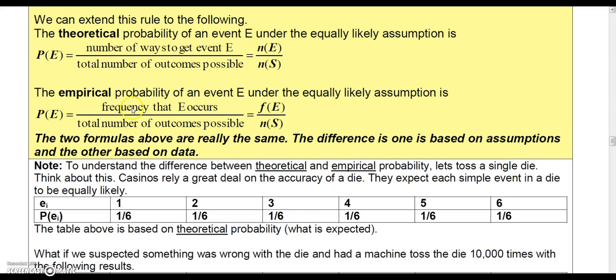So in other words, for an empirical probability, we would take the frequency that the event occurs divided by the total number of outcomes possible. In other words, the total number of times that I did the experiment.